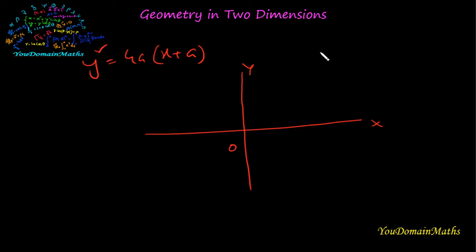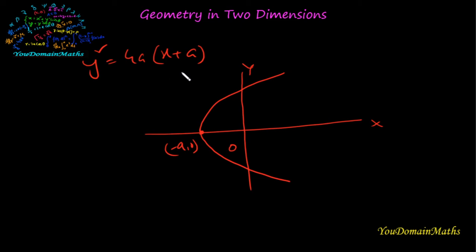So these are the figure shapes, but this figure does not pass through the origin. This figure passes through minus a comma 0.